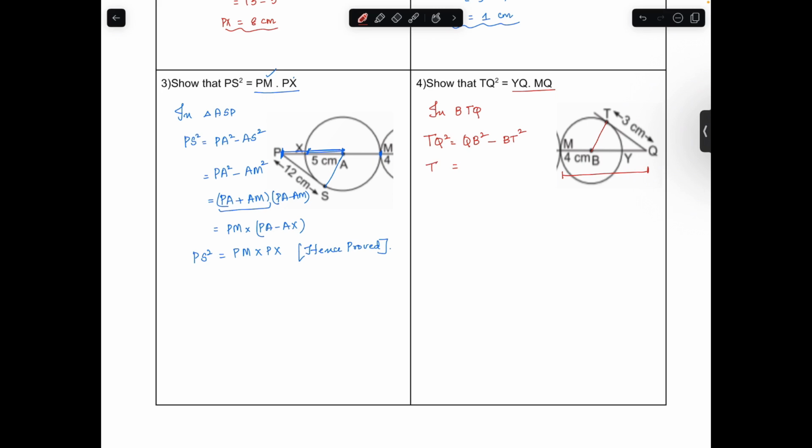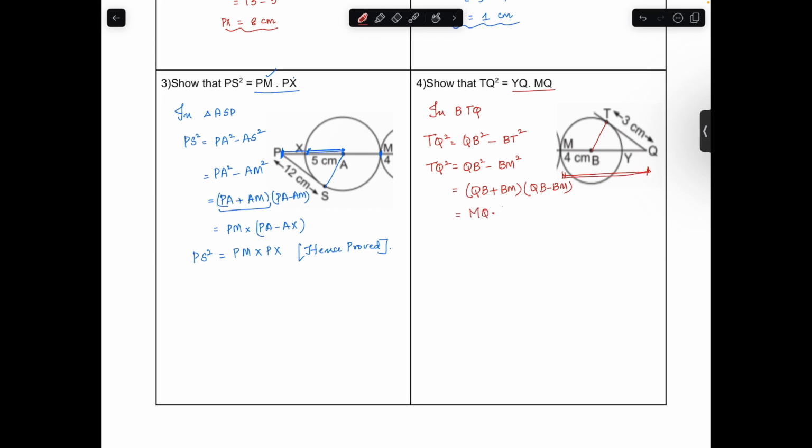So TQ square becomes QB square minus, instead of BT, we write BM square. Applying the identity A square minus B square, this can be written as QB plus BM times QB minus BM. QB plus BM gives the entire line segment MQ.